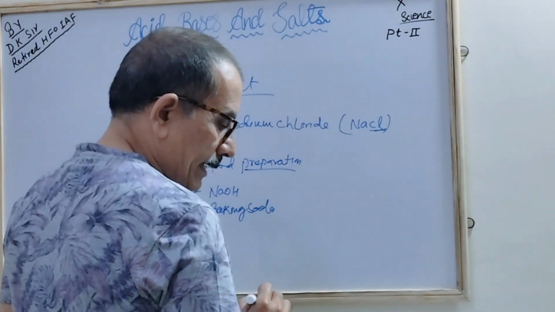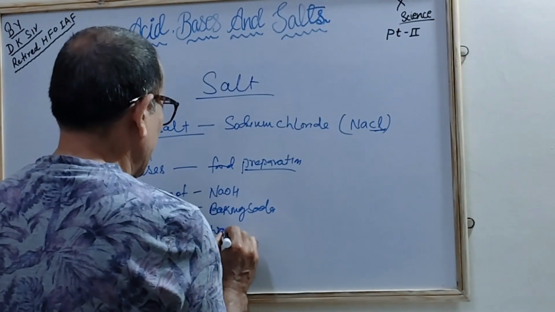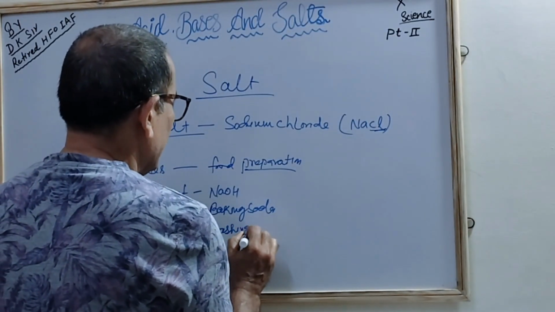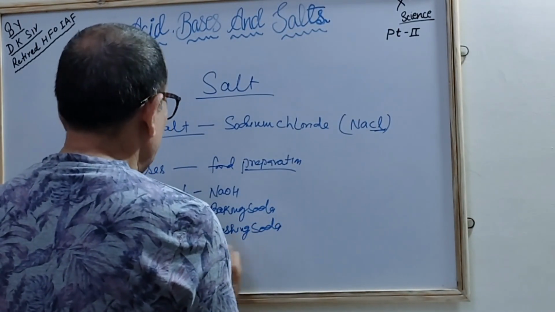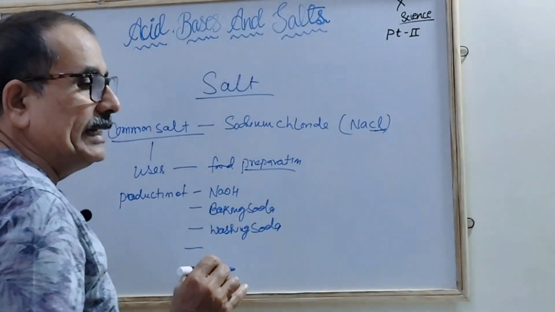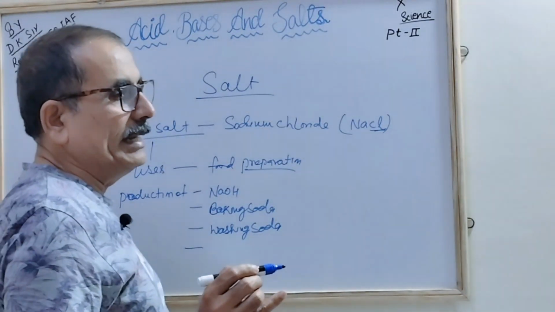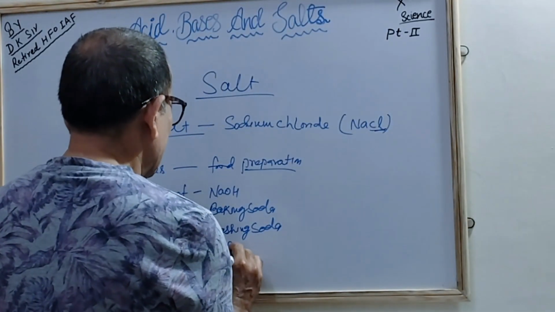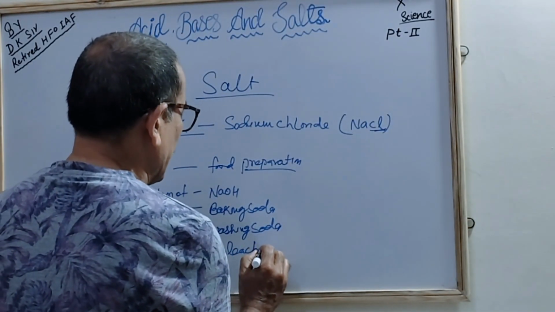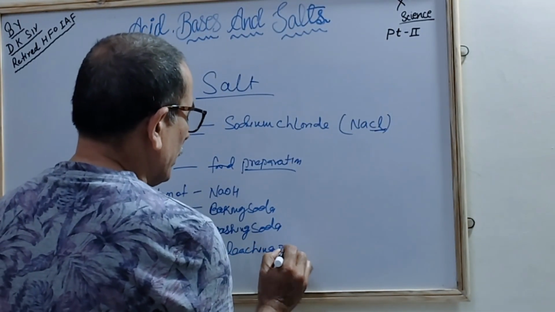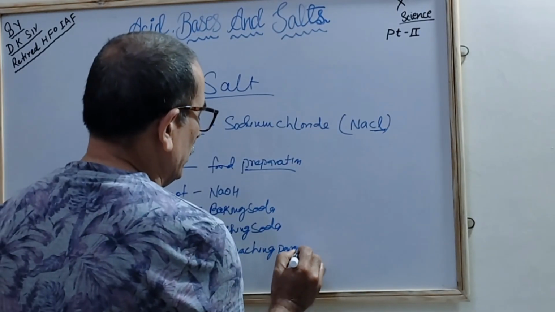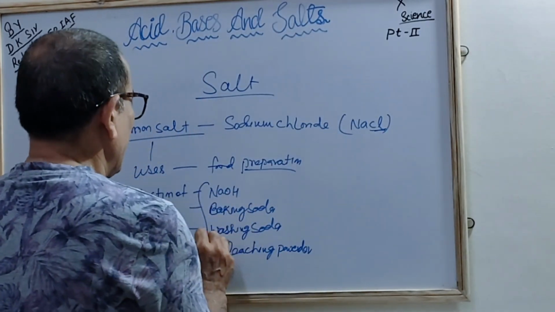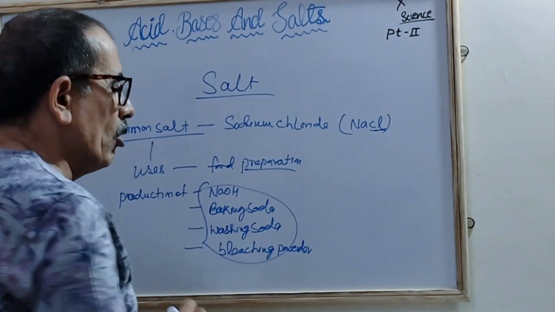The third we will see is washing soda. The two are different. Please do not intermix baking soda for eating and washing soda for cleaning purposes. And the bleaching powder. In your syllabus, only this much is there. These are the things where we make use of the common salt.